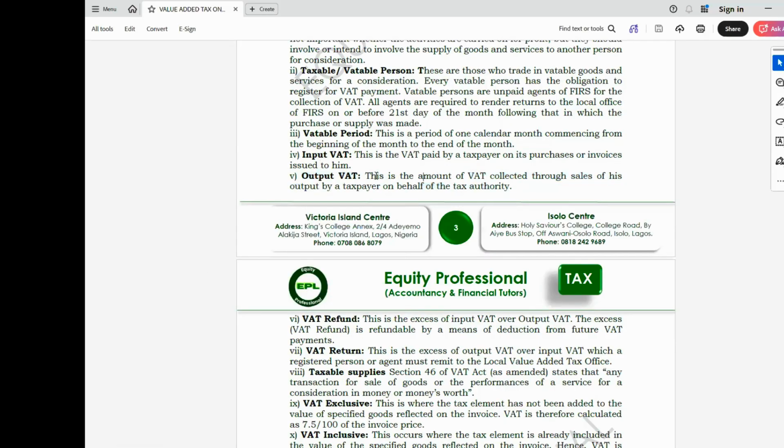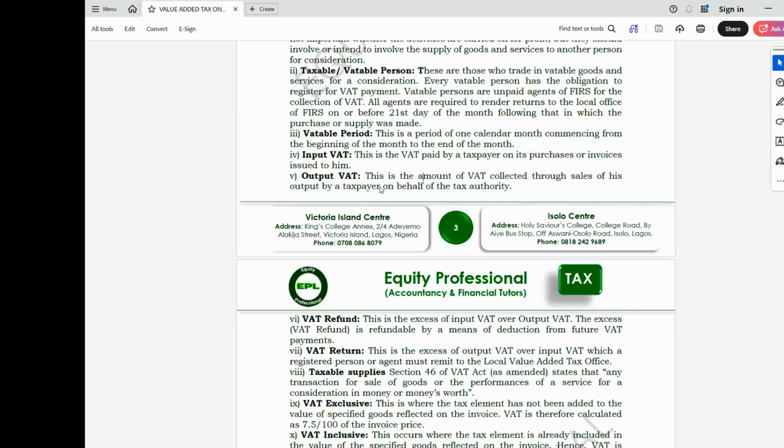In which case, the difference between input VAT and output VAT will be what you are either going to pay or what you are going to claim from the relevant tax authority.